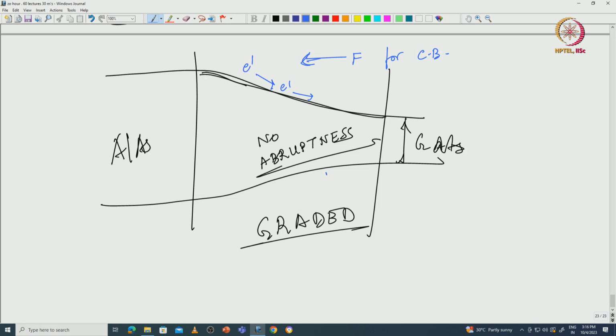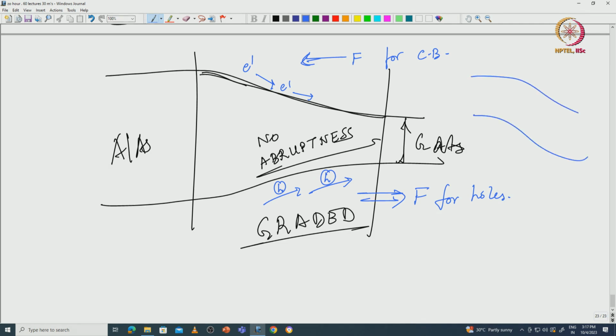But if I have a hole here, what will happen? The hole will also roll downhill like that, which means the electric field for hole is like that. So essentially, wait one second, sorry.